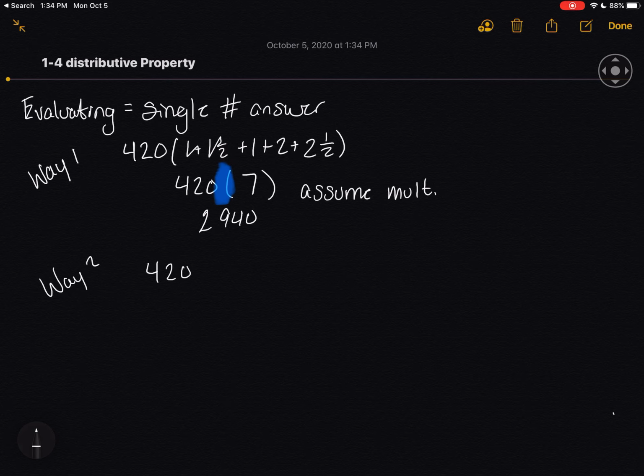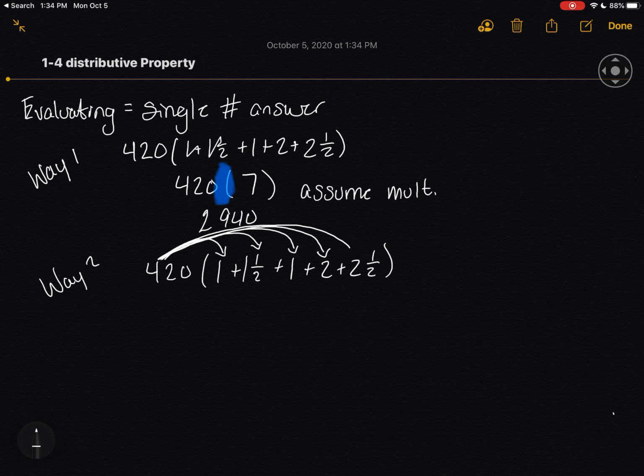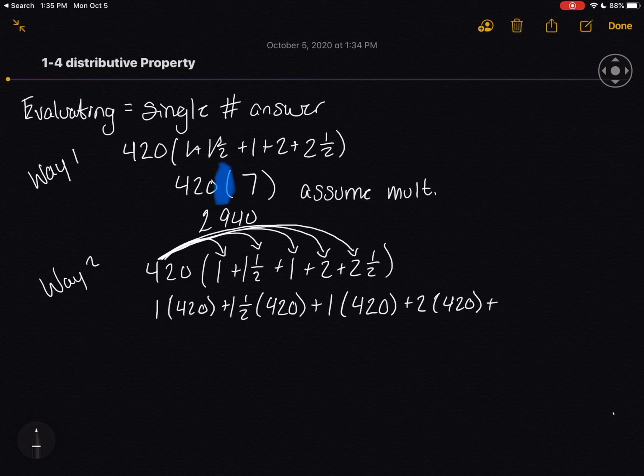The other way is, if I have that 420 and then 1 plus 1/2 plus 1 plus 2 plus 2 and 1/2, I could distribute. Remember that the word distribute means I take whatever is on the outside being multiplied and multiply it by everything on the inside. So I'd have 1 times 420, plus 1 and 1/2 times 420, plus 1 times 420, plus 2 times 420, plus 2 and 1/2 times 420.